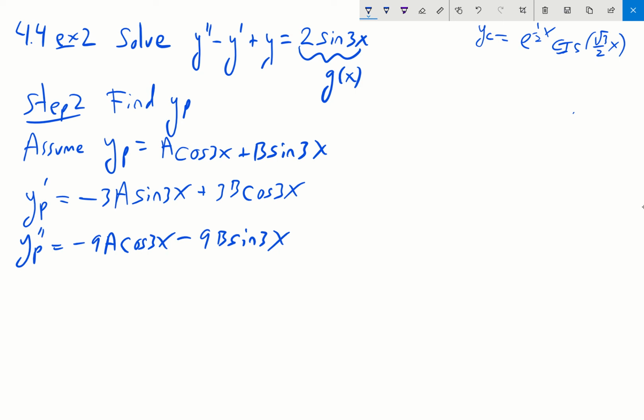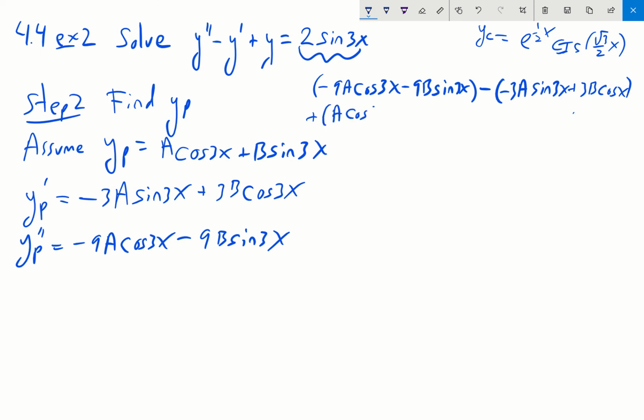So it's y double prime, which is negative 9a cosine of 3x minus 9b sine of 3x, minus y prime, which is negative 3a sine 3x plus 3b cosine 3x, plus y, which we're assuming is a cosine 3x plus b sine 3x, and this is supposed to be equal to 2 sine of 3x.